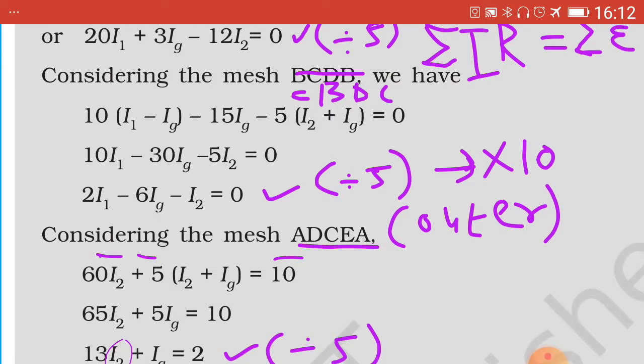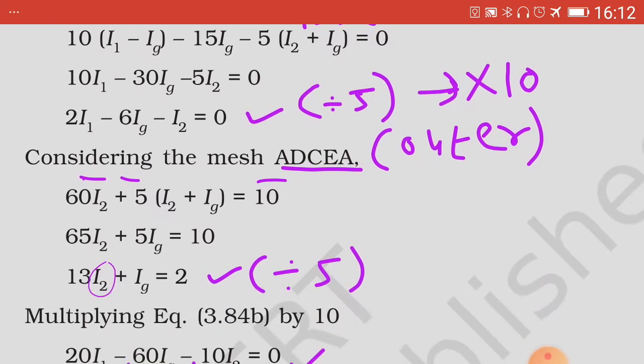Here I have written the mesh ADCEA equation: minus 60 I2 minus 5 into I2 plus Ig equal to minus 10. So making it all plus, 60 I2 plus 5 into I2 plus Ig equal to 10.